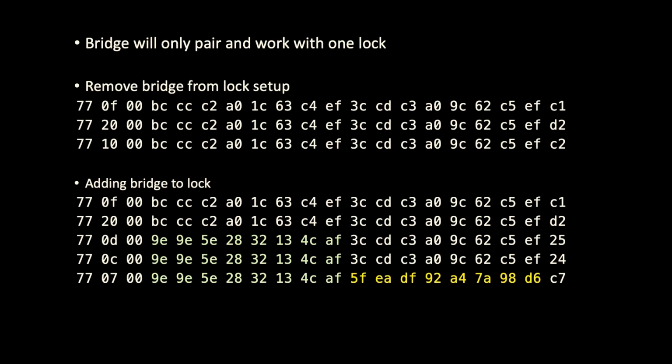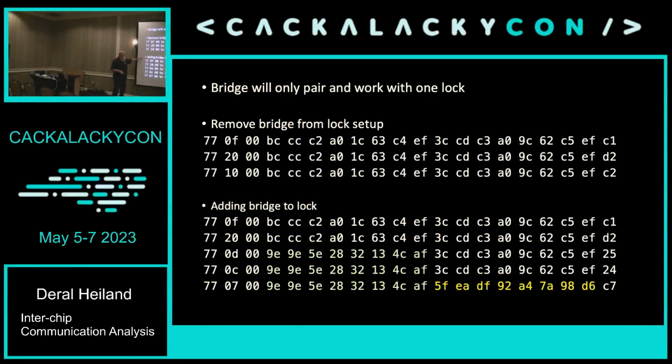This particular device only allowed you to configure one lock on the other end of it, just one lock. So I decided to keep the cloud out of the thing and try to pair another lock in through injection. We were able to take data off another device. This gives us the ability to remove an actual lock from the whole bridge environment, and this gives us the ability to add it.